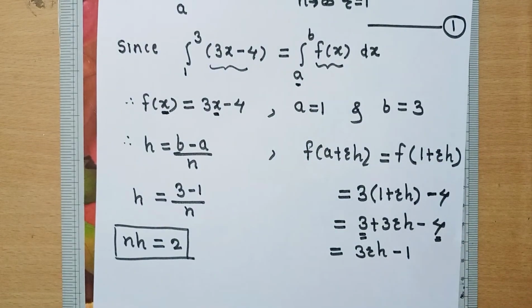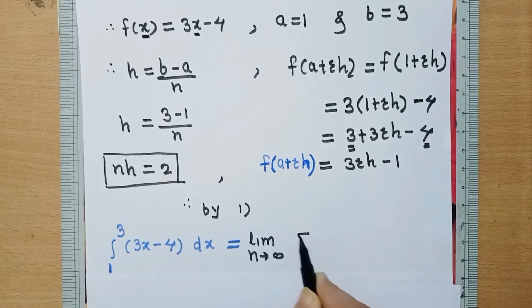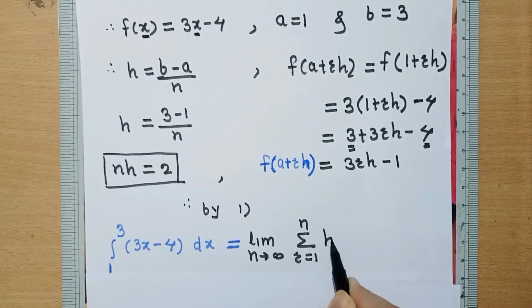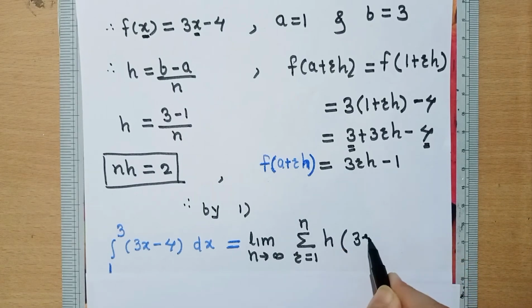We get, so again we will write the formula: limit n tends to infinity, summation r running from 1 to n, h, and now f of a plus rh means 3rh minus 1. Now we will apply this summation for these two terms.